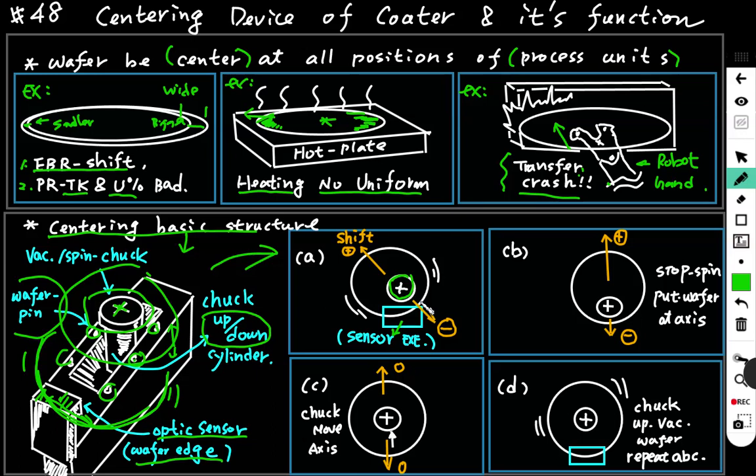Then the centering device reads it. This is the chuck, and this is the wafer. The wafer center is here. It's not at the center of the chuck. So the device can keep the shift position this way.